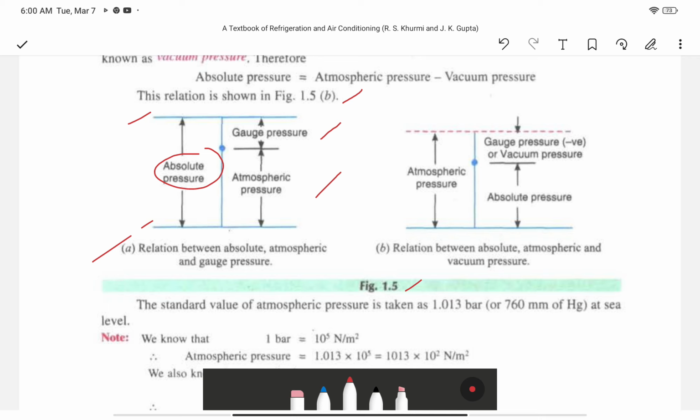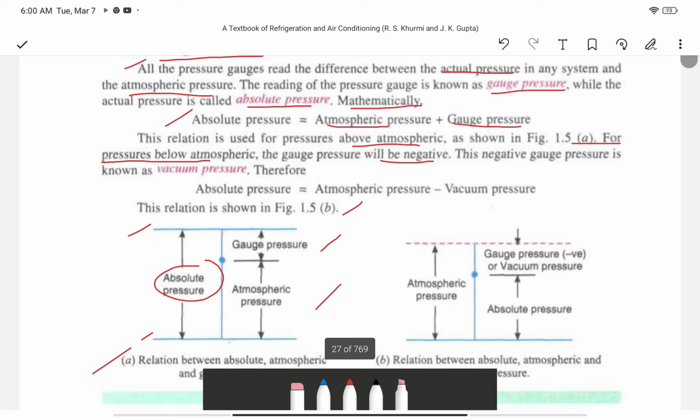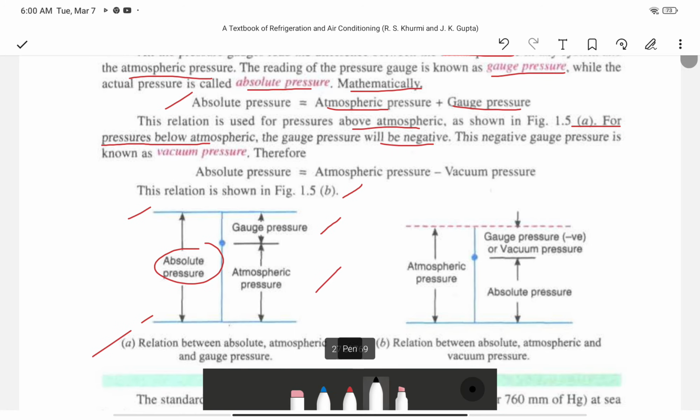This is what he said here: absolute pressure is equal to atmospheric pressure plus gauge pressure. He is referring to this graphically in figure 1.5a.